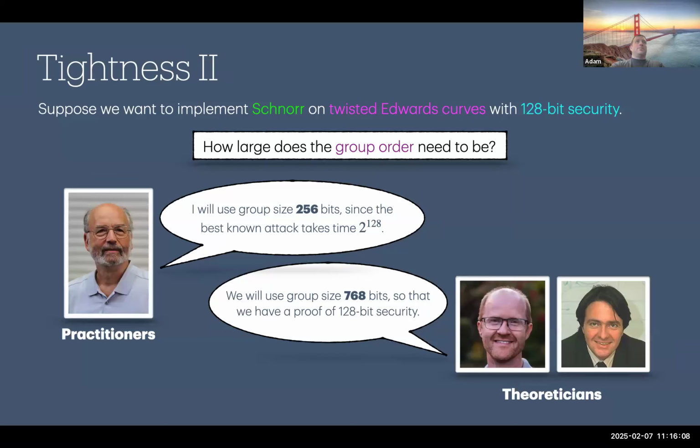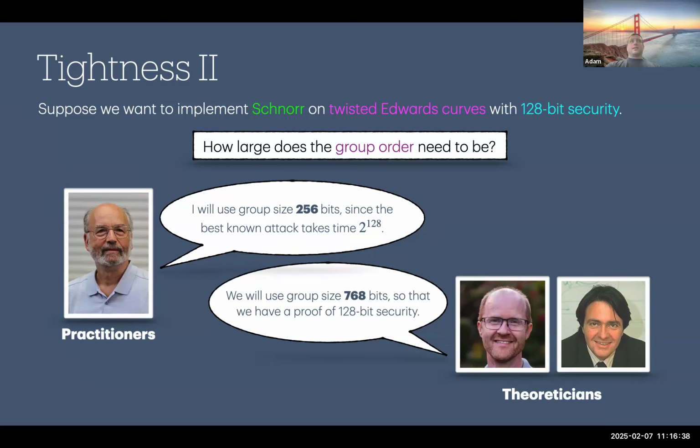I'm saying if I assume that the best attack on discrete log for an appropriate twisted Edwards curve is square root of the order, then what I get by the Pointcheval-Stern result is that you need a 768-bit order for 128 bits of security. No, they just have a loose proof.